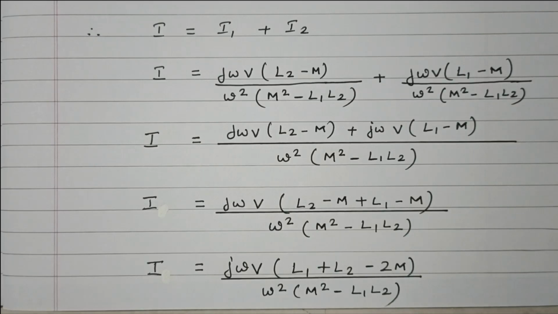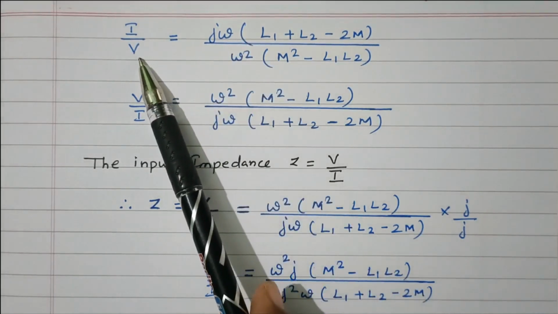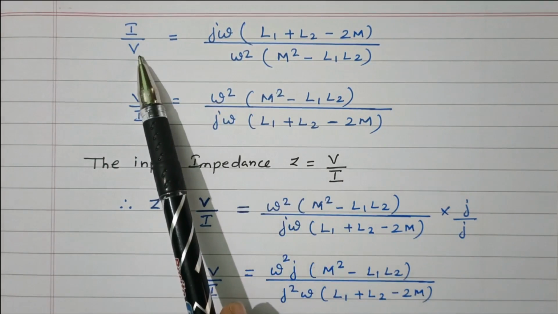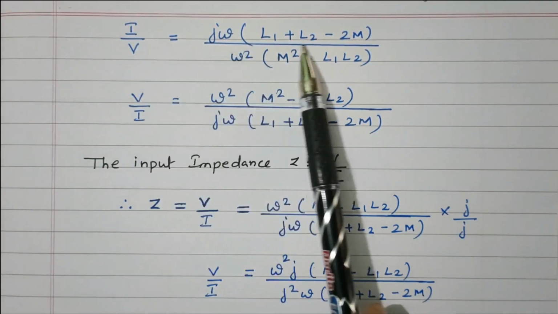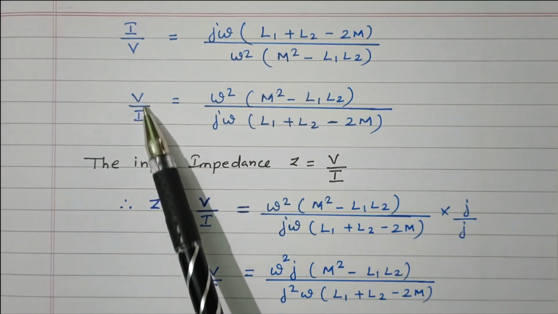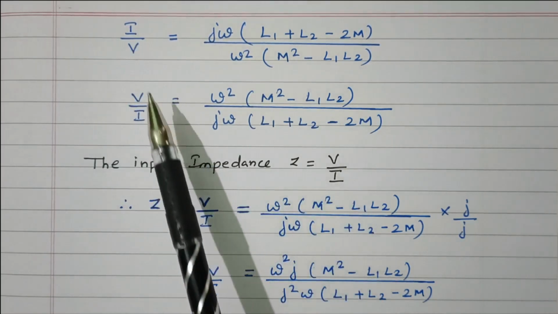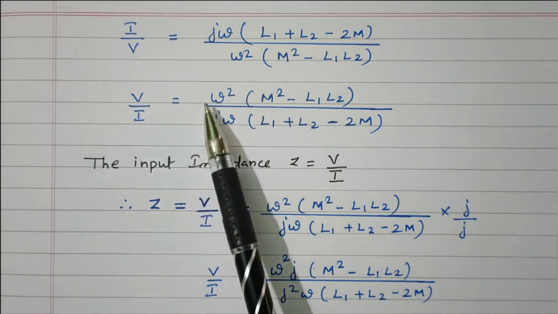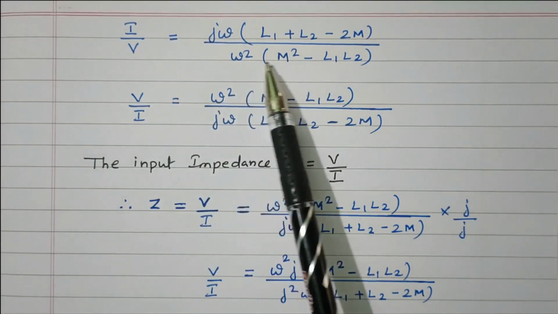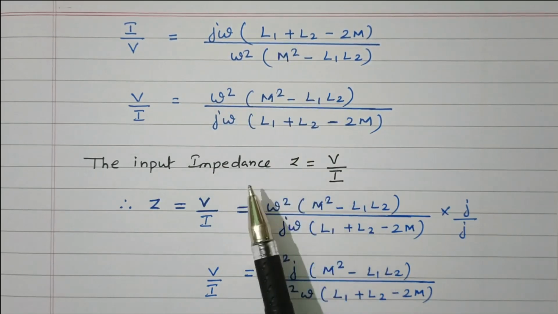Now we'll go for further simplification. The term V is brought to the denominator side, so that I divided by V is available on this side. Now it is written as the reciprocal, V divided by I, because impedance is V divided by I, so the numerator and denominator are interchanged. So this omega square term is now in the numerator, and this term is in the denominator.